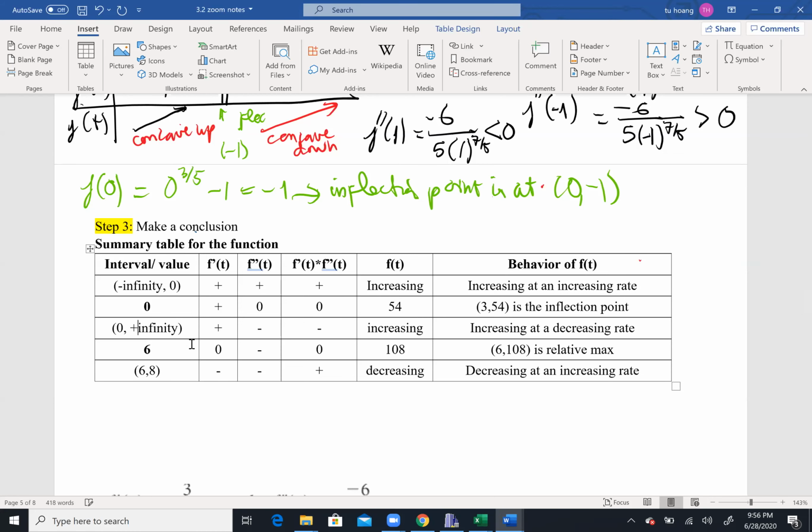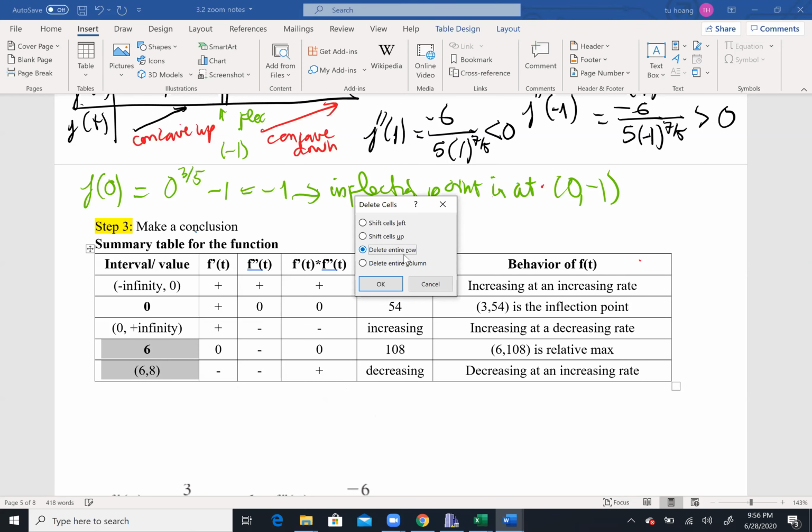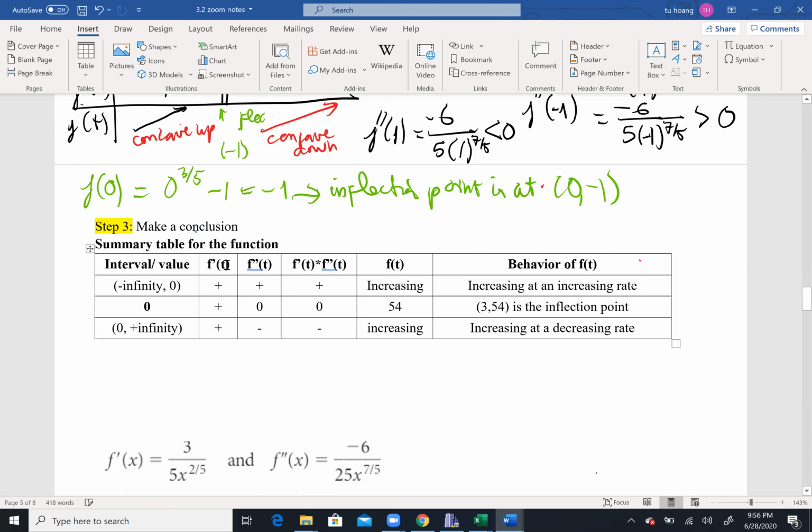Okay. So now the row I will just delete it. Okay. I'm gonna say this x, x, x, x, x, x.